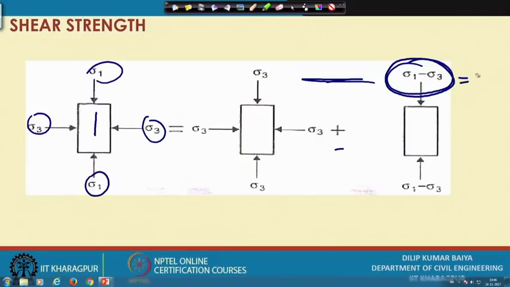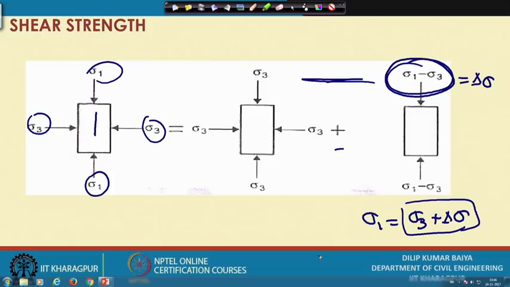If I put this as delta sigma, then sigma 1 will be sigma 3 plus delta sigma. The delta sigma whatever we are measuring, plus sigma 3, will be sigma 1. This is the relationship.